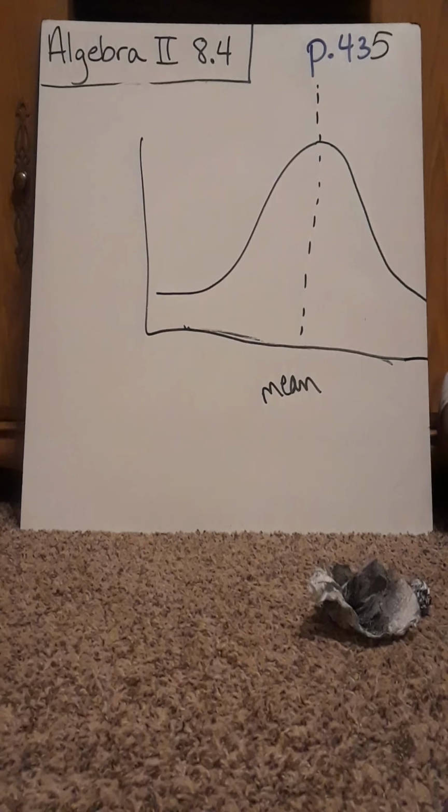So if it says which data values are within a standard deviation of the mean on each graph, those are going to be your three middle bars. The three in the middle are going to be your one standard deviation from the mean.